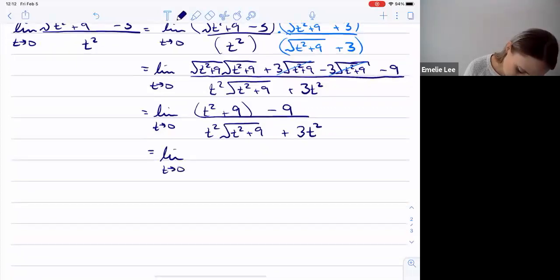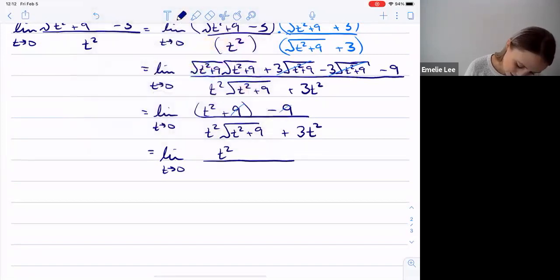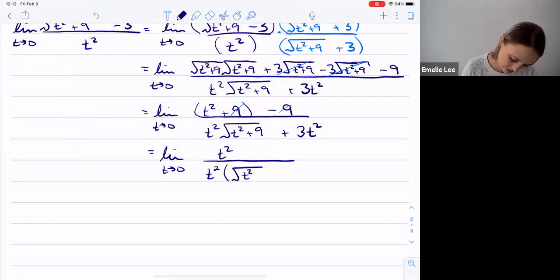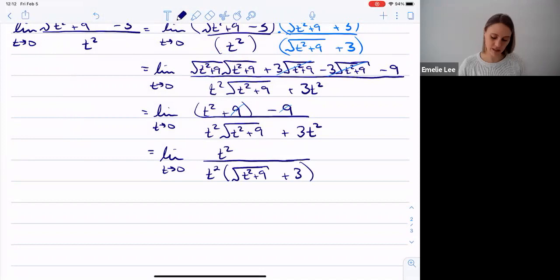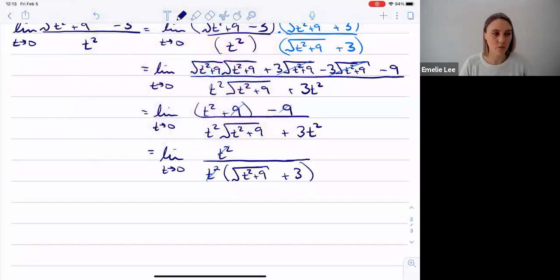The limit as t goes to 0 of t squared, I'll just show 9 minus 9. And then because I see that common t squared, I'm going to pull it out right away, times the root of t squared plus 9 plus 3. Now I've got t squared over t squared, which is going to cancel to 1.